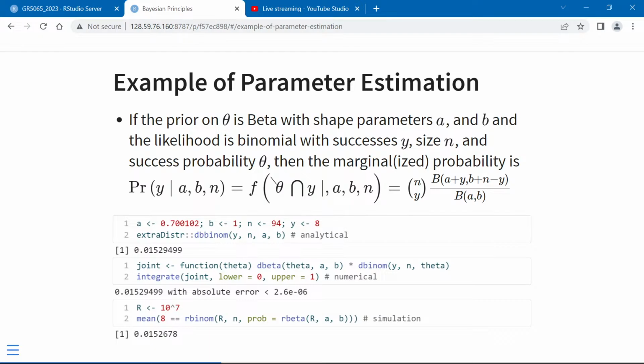And then if we wanted to do this by simulation, we're going to need a lot of simulations. But the proportion of draws from a binomial distribution with size N, where the success probability is a beta random variable with shape parameters a and b, also comes out to pretty much the right answer to 4 decimal points.